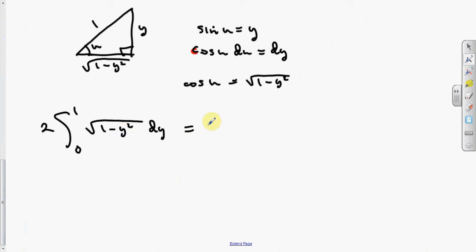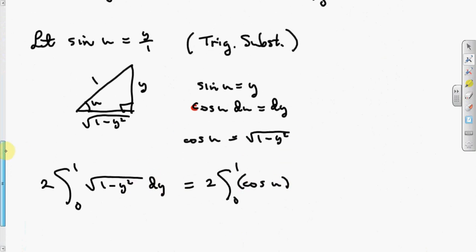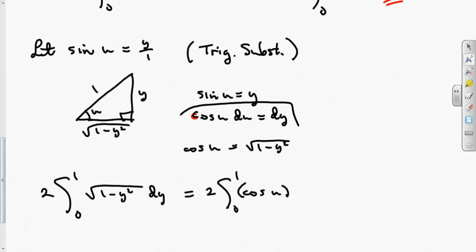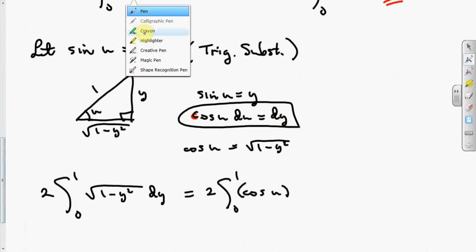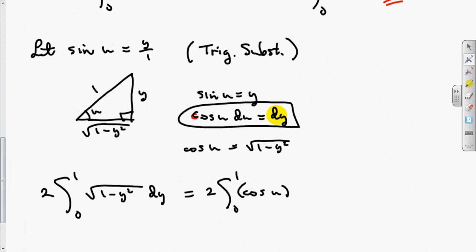dy. So this is 2 times the integral from 0 to 1. Here this square root is cosine u, and then dy, this dy is cosine u du.